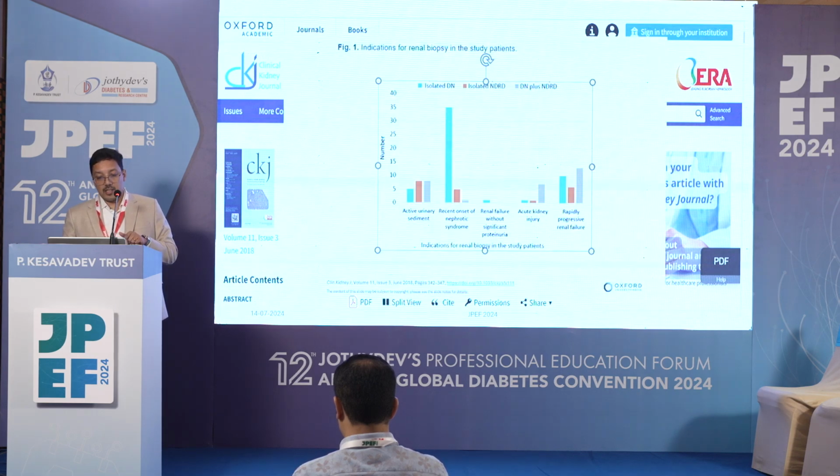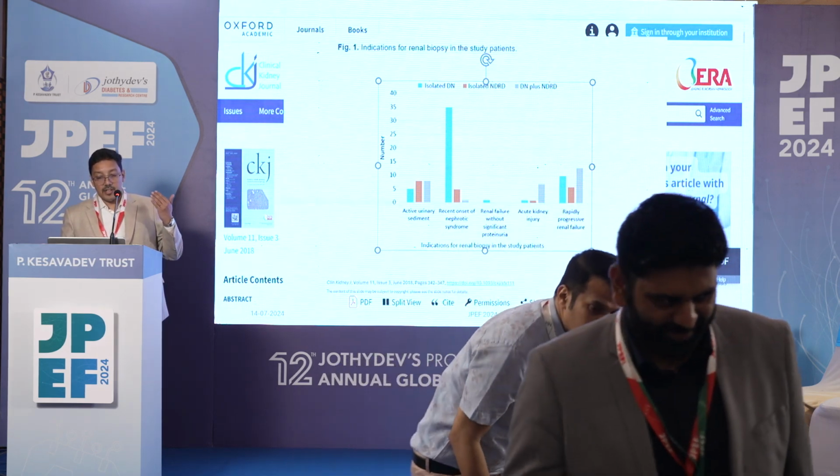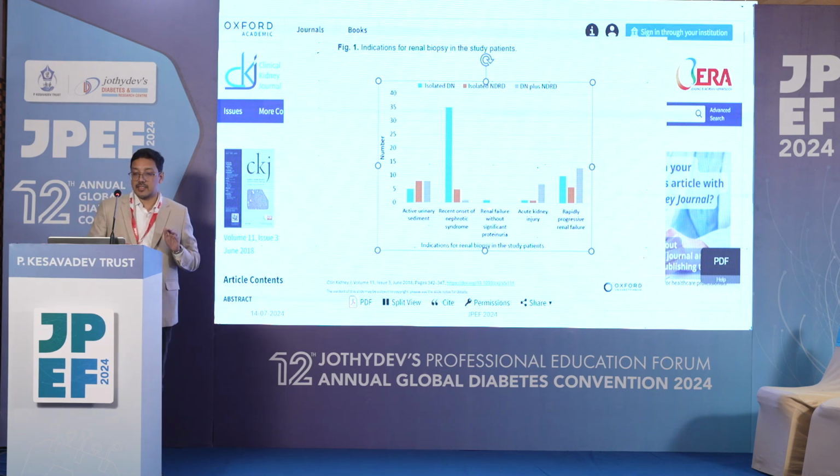One is active urinary sediment and the recent onset of nephrotic syndrome. All these are atypical features in a patient with diabetic nephropathy. In all these, you can see the orange color is the prevalence of non-diabetic kidney disease. This entity exists.